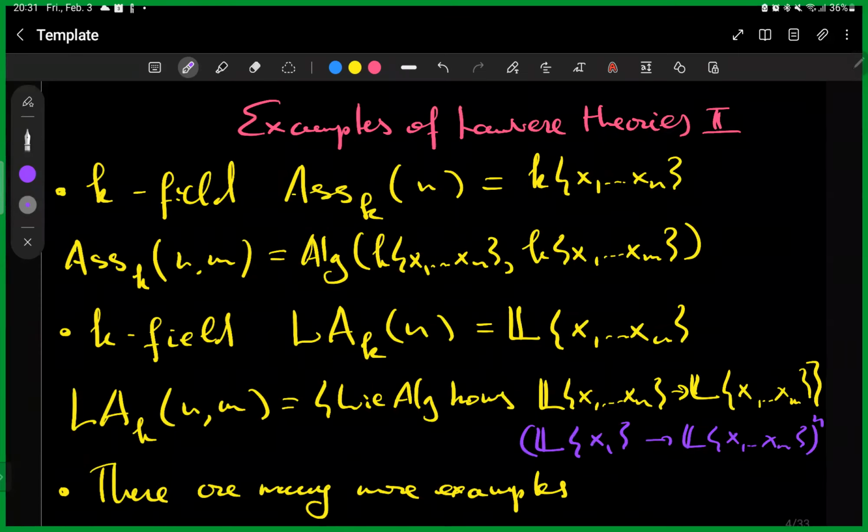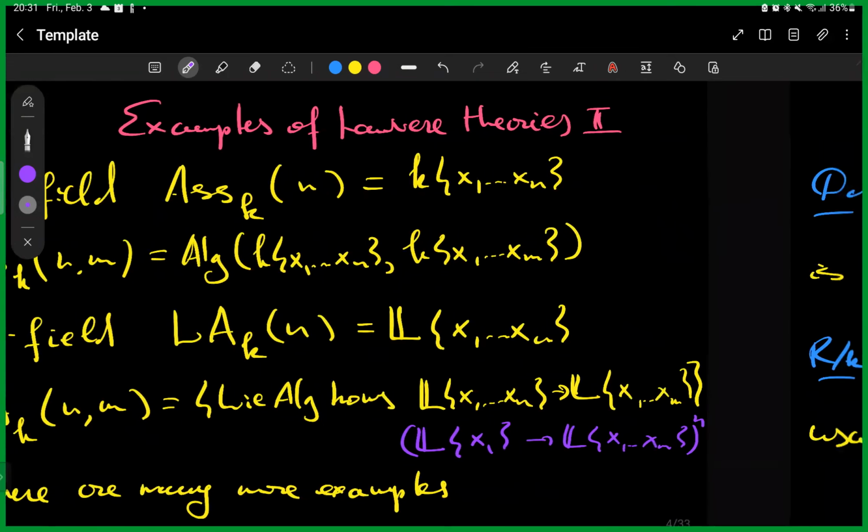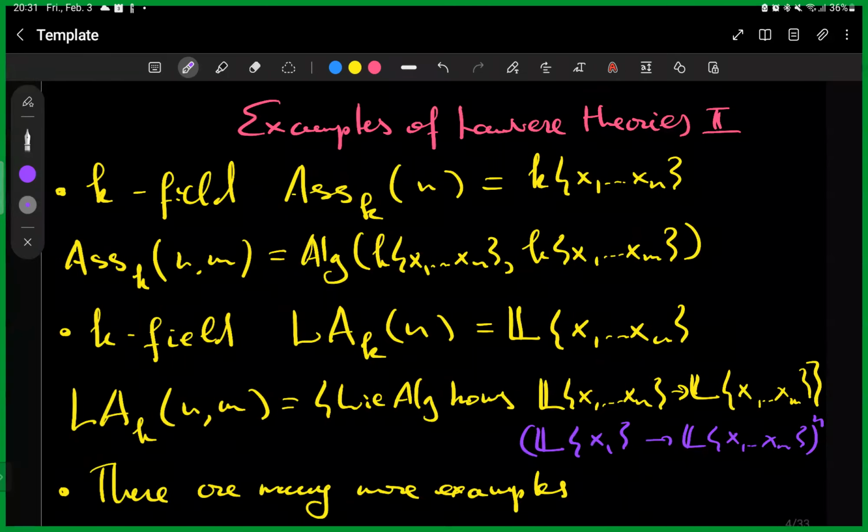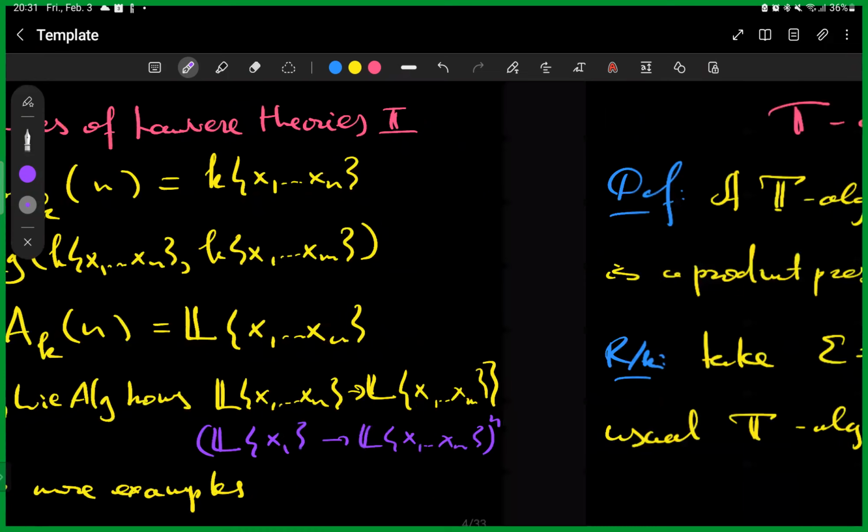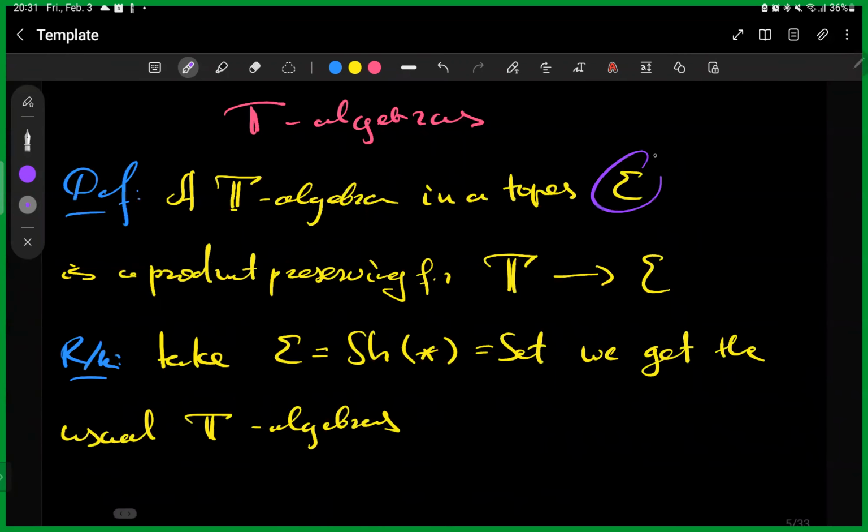Okay, but another reason why Lawvere theories are so useful is that we have a very nice notion of an algebra over a Lawvere theory, which immediately generalizes to an arbitrary topos. So assume that we have a topos E, then a T-algebra in E is just a product preserving functor from T to E. So if we consider E to be the topos of sets, we get the usual T-algebras.